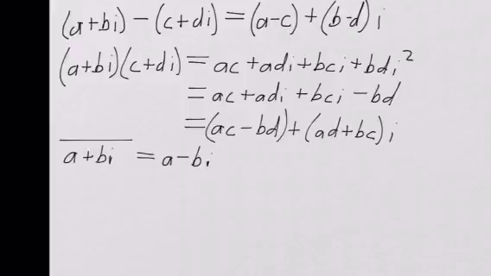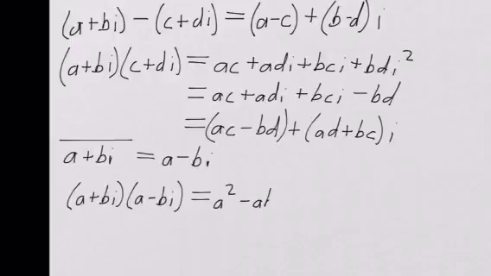Now the important thing with this complex conjugate is that if I do a plus bi times a minus bi, it's going to equal a squared minus abi plus abi plus b squared, technically minus b squared i squared, but since i squared is -1, we can make that change.